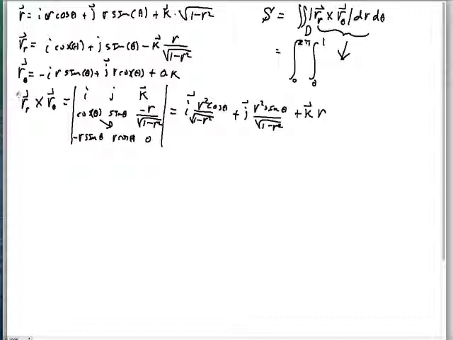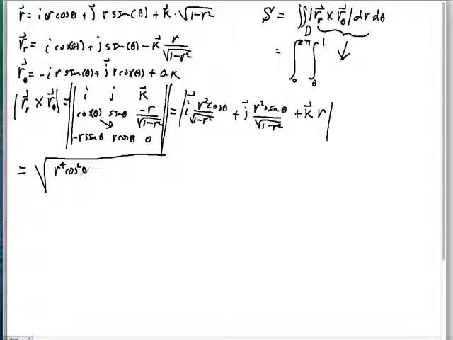And now what we need to do is take the magnitude of it. We take the magnitude, and that's going to be the square root of the squared components. So that becomes r to the 4th times cosine squared theta all over 1 minus r squared, plus r to the 4th sine squared theta all over 1 minus r squared, plus r squared.